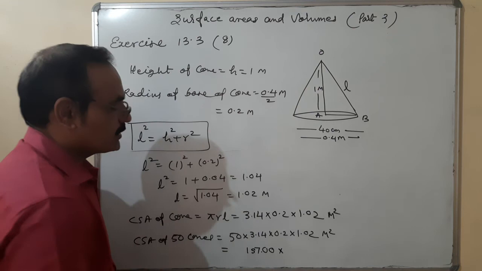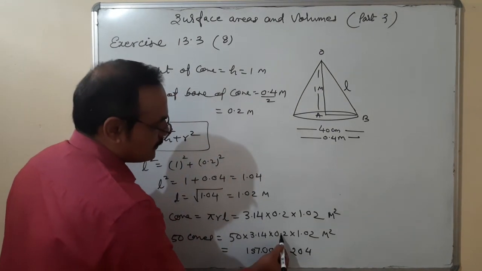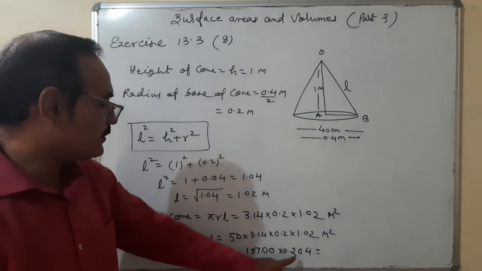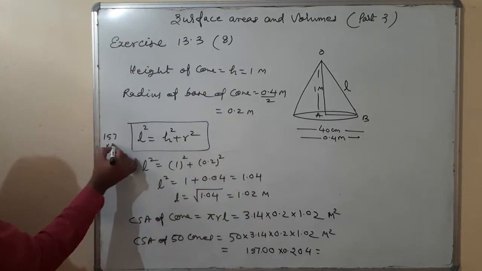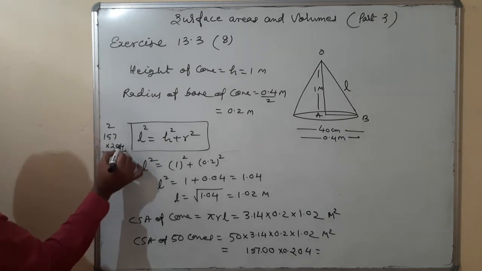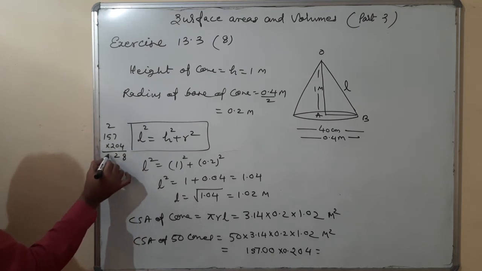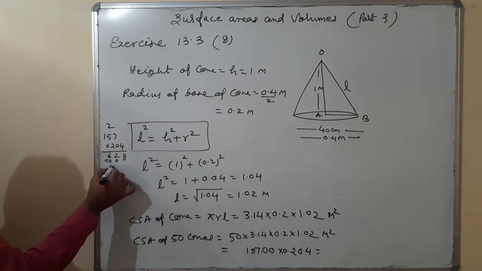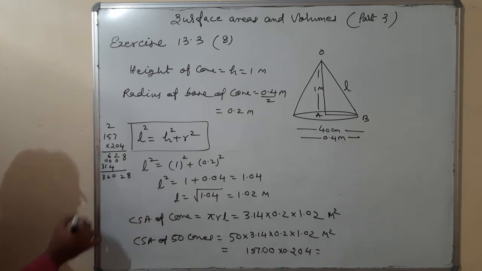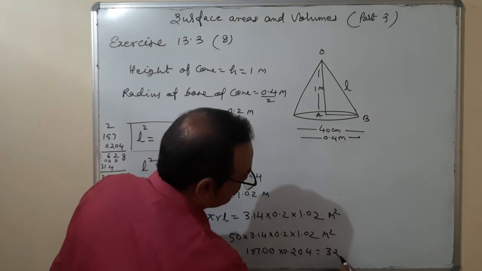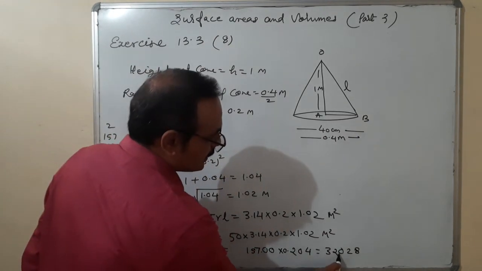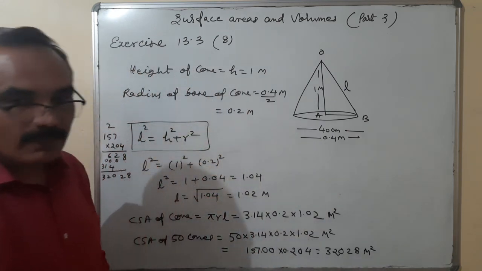Now multiplying by 204, after decimal 2 plus 1, 3 places. So the result is 157 multiplied by 204. Working through the multiplication, 7 fours are 28, carrying, and so on, we get 32028, and after decimal 3 places, 32.028 meter square.